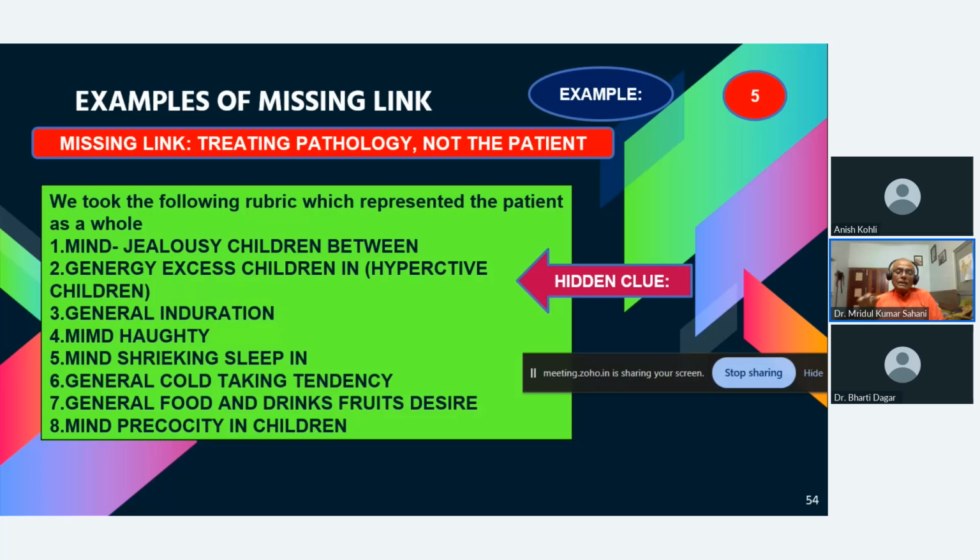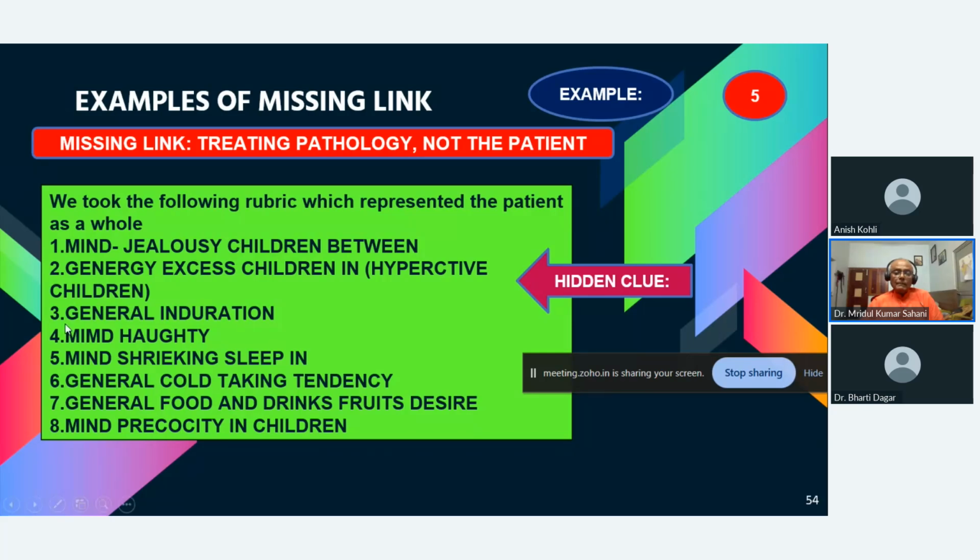Mother was trying to make him stand still, but it was not possible. General induration, because the adenoid is an indurated tissue. He was very haughty. He was shrieking. He was shouting in sleep, had a tendency to catch cold, and he liked fruits very much. Precocity: the child behaved like a very adult man.